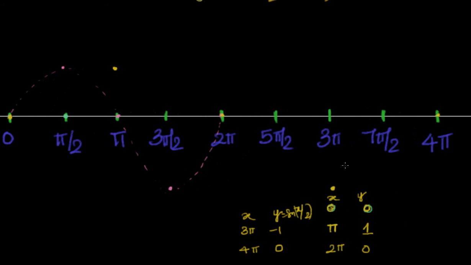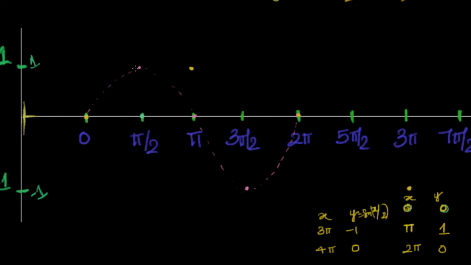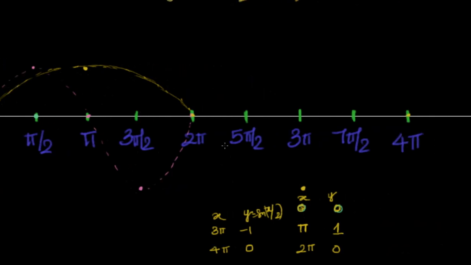So let me try to draw this. I'll be starting here and going to here, then from here going to the next point, then to 4 pi.